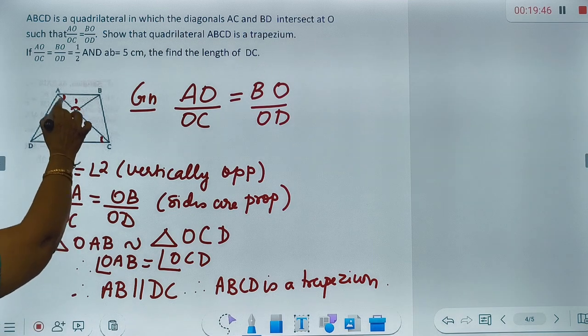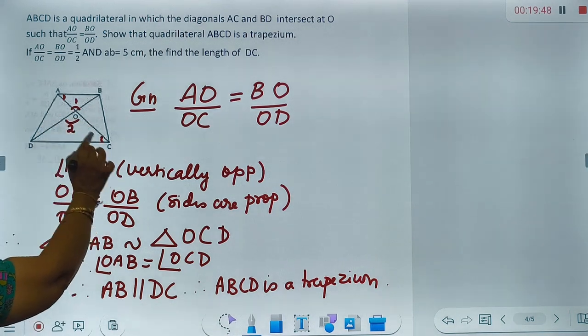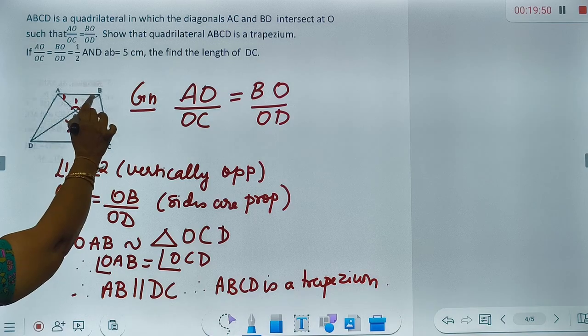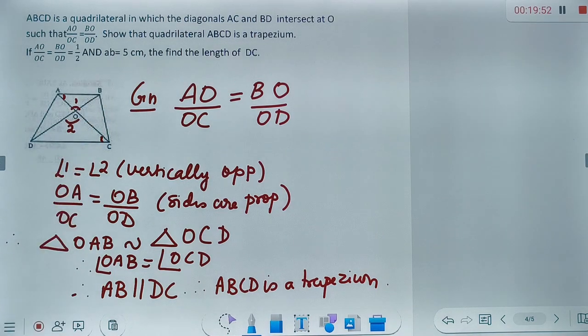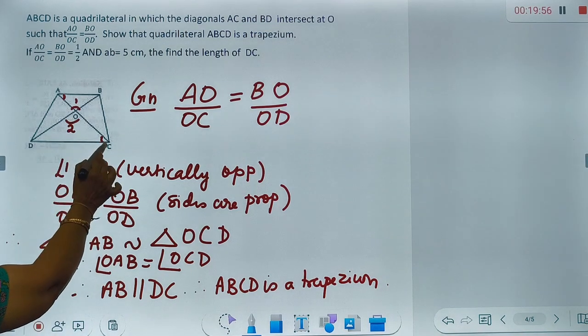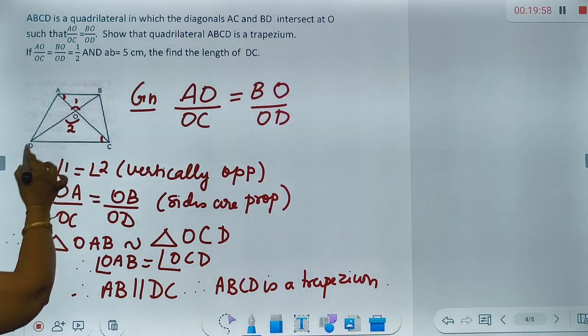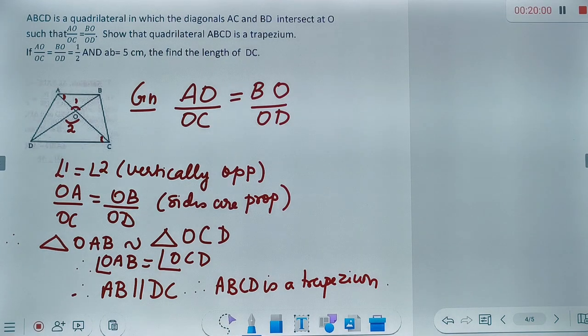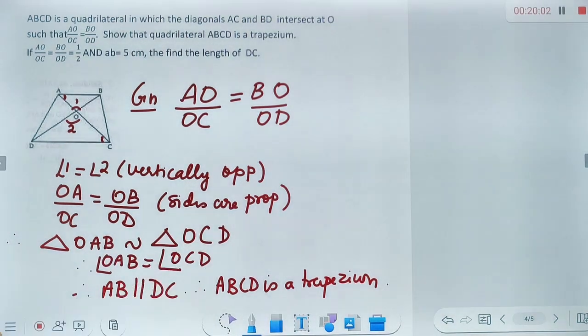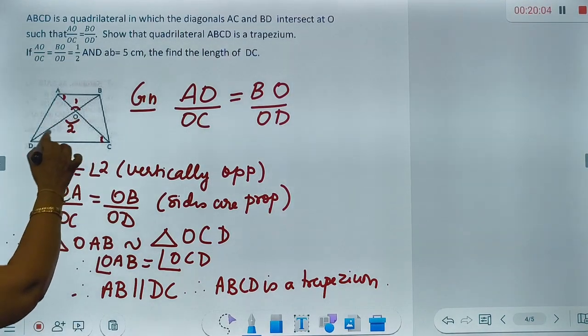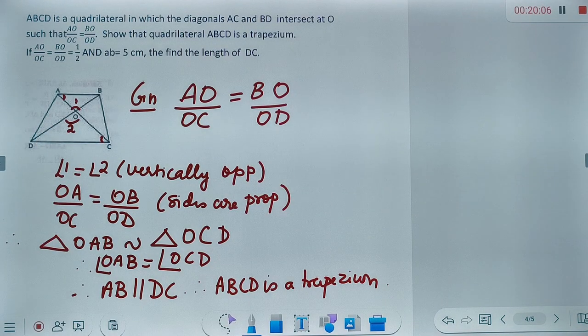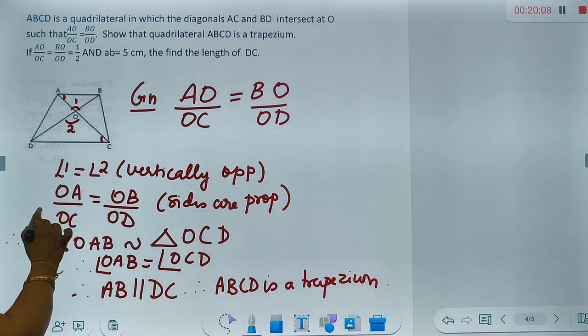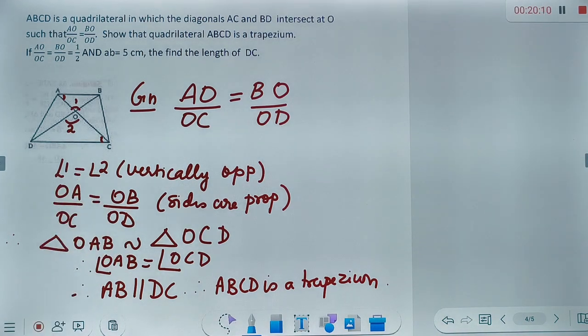I have taken this triangle and this triangle, ODC and OAB. Angle 1 equal to angle 2, vertically opposite. OA by OC is equal to OB by OD by proportionality of sides, which is given. So the two triangles are similar by what property? If two sides are proportional and one angle is equal, SAS similarity, the two triangles are similar.